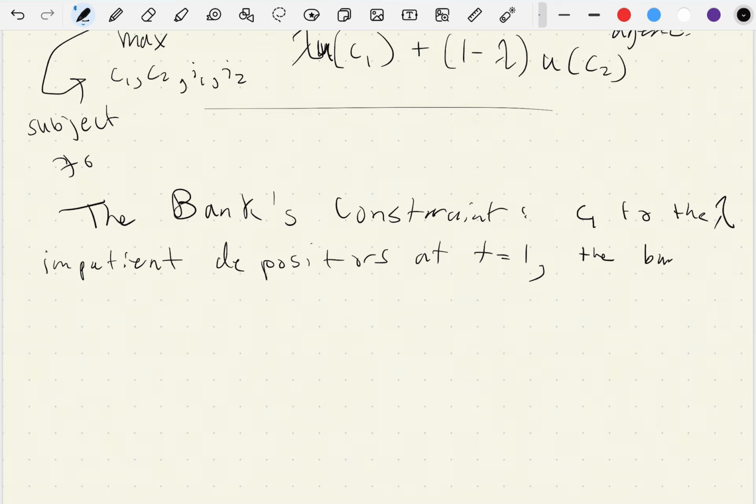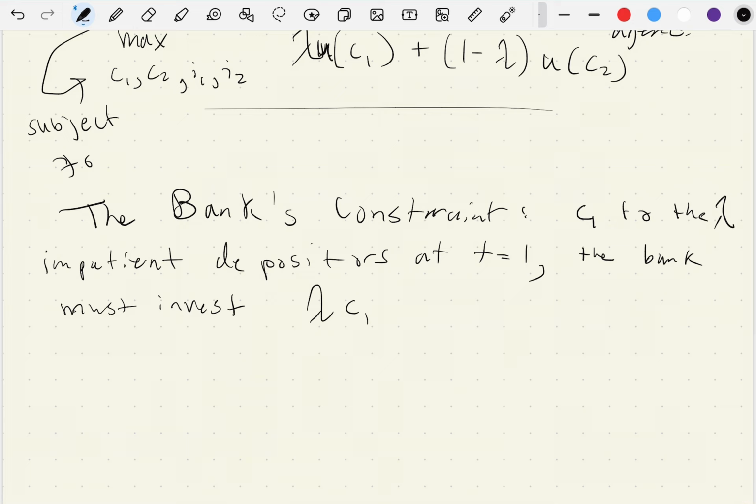All right. The bank then must invest lambda times C1, okay?